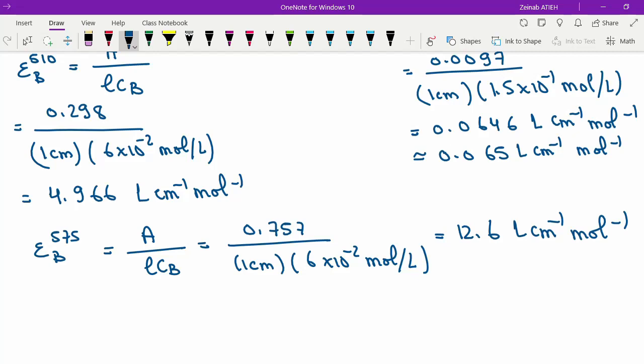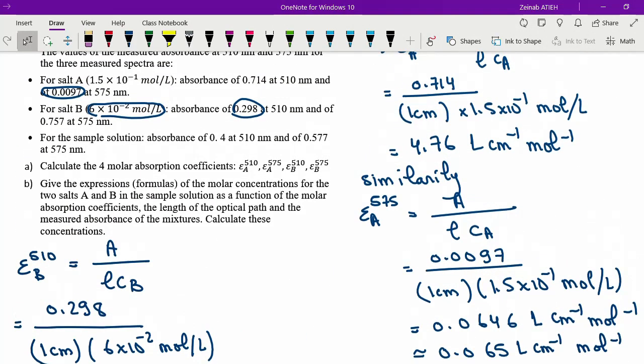Now let's move to the second part. In part B, give the expressions, formulas of the molar concentrations for the two salts A and B in the sample solution as a function of the molar absorption coefficients, the length of the optical path, and the measured absorbance of the mixtures. Calculate these concentrations.